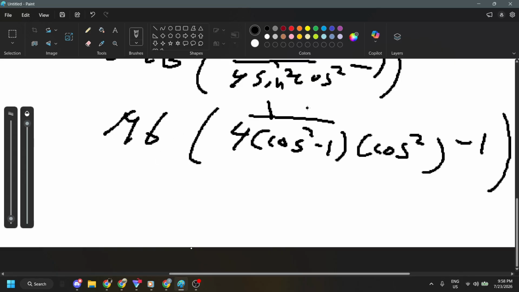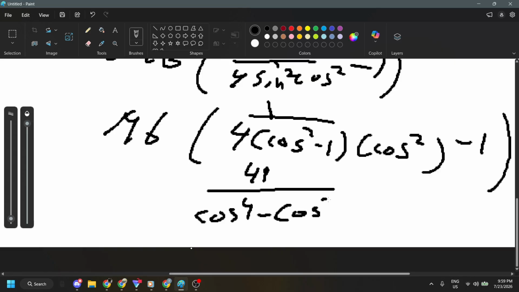I'm just going to distribute the 196. 196 is going to be 4 times 49. So we have 49 over cosine to the 4 minus cosine squared, minus 196.